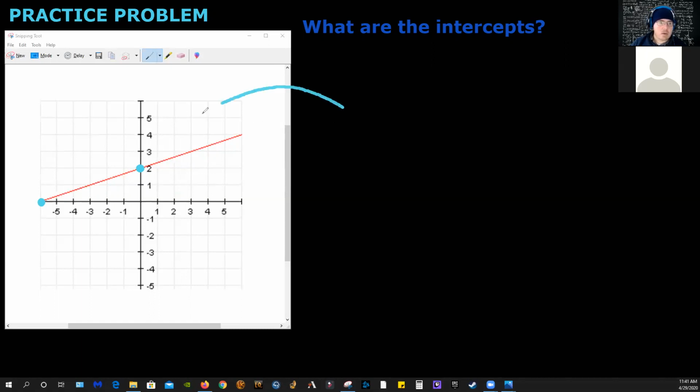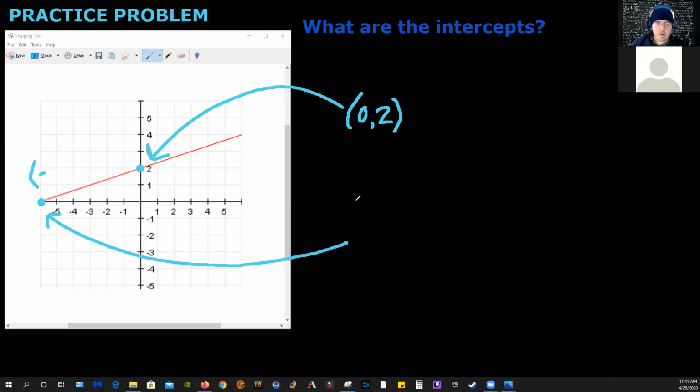So this one is at 0, 2. And this one is at negative 6, 0.